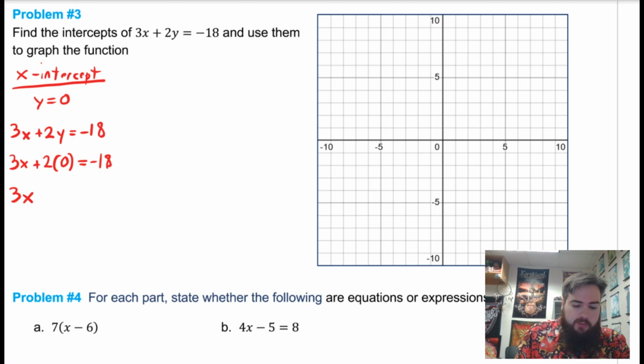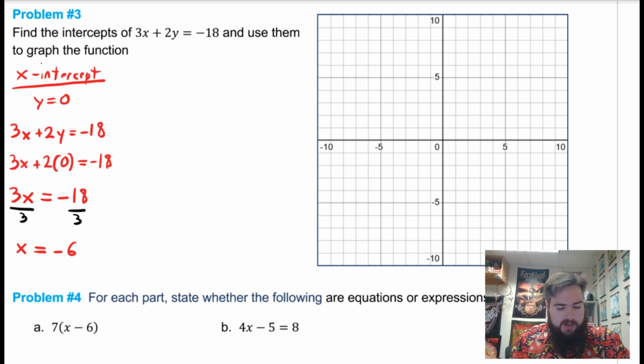So that means we get 3x plus 0 equals negative 18. The only thing left in terms of trying to get x by itself would be to divide everything by 3. And that would give me x on the left, and negative 18 divided by 3 will give us negative 6.